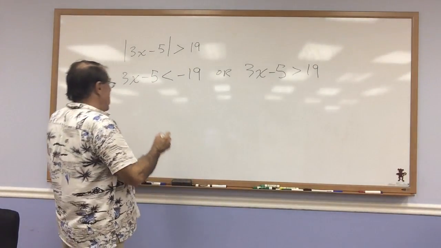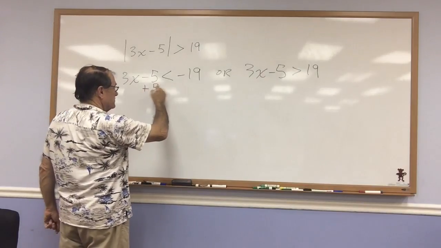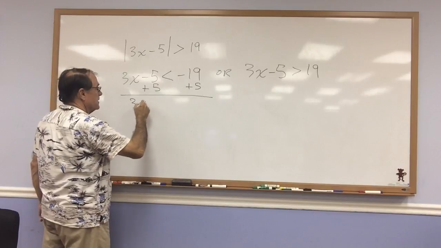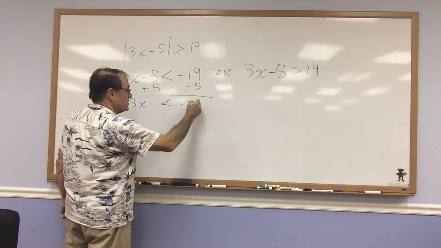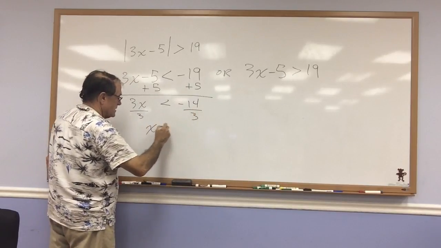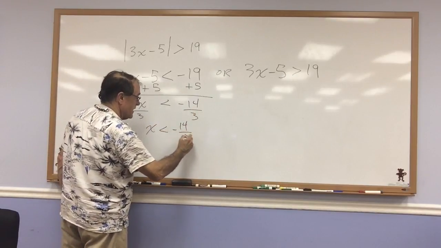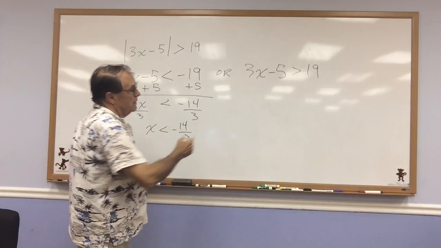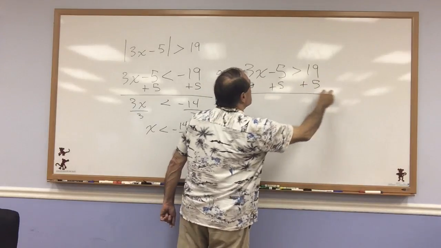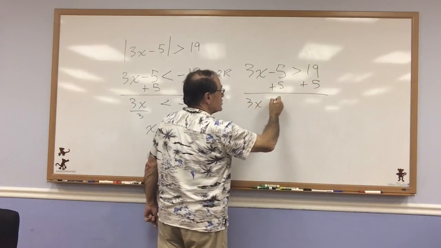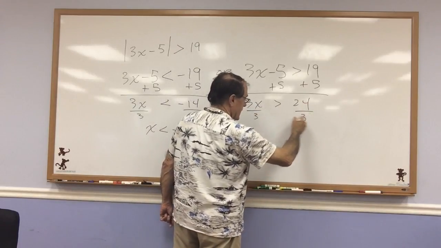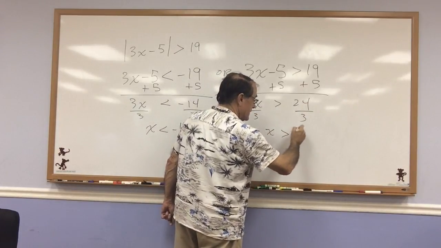Alrighty, so we'll add 5 to both sides, and 3x is less than negative 14, dividing by 3, x is less than negative 14 thirds. Here we will add 5 to both sides. So 3x is greater than 24, and dividing by 3, x is greater than 8.